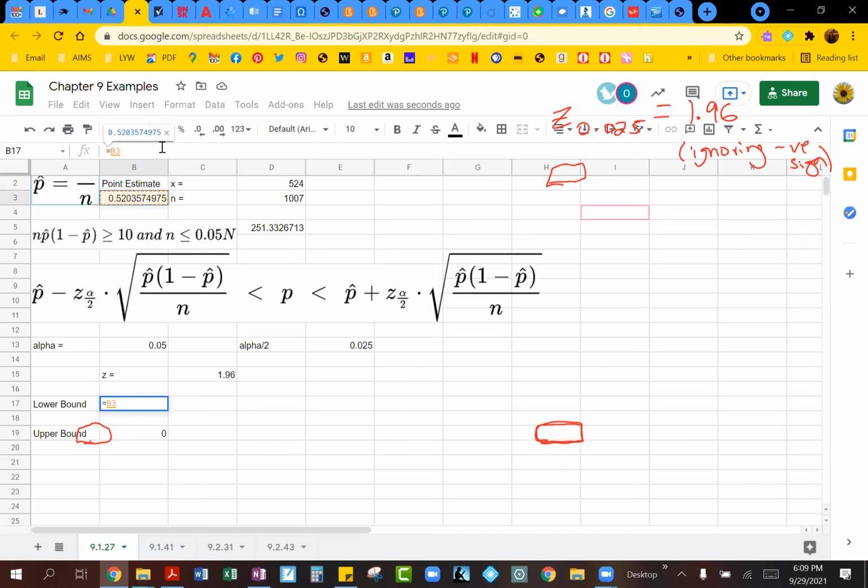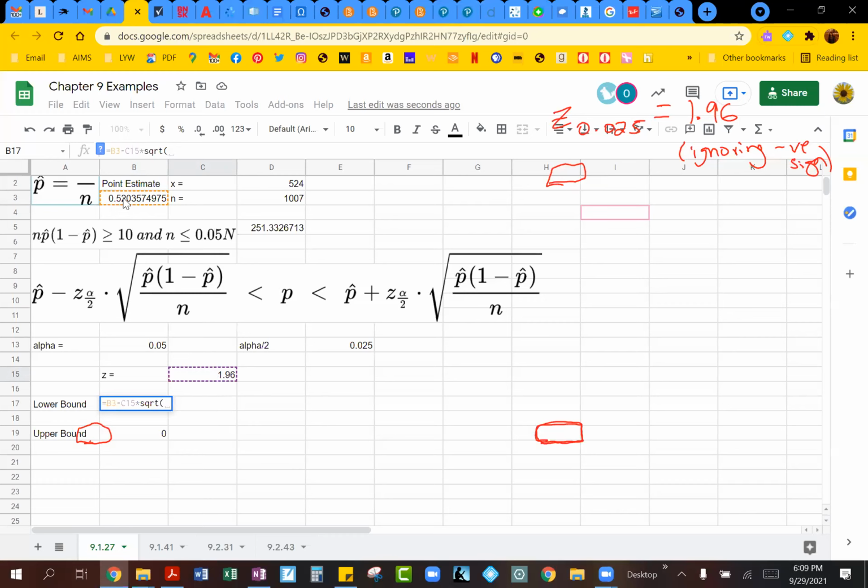And then from this, we are subtracting, and this is being multiplied. So the z-score is being multiplied with this square root over here. So the z value is our 1.96 multiplied by, and since everything else is in square root, you will use the square root function sqrt, and then in parentheses, you're going to have to do all of this calculation.